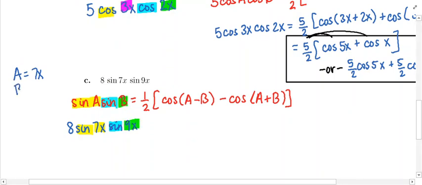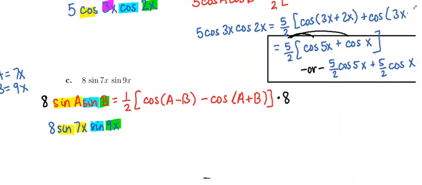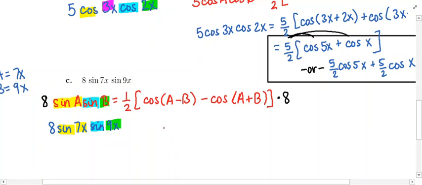The only thing that's different between our expression and the left side of the identity is this 8 out front. So to get an exact match, we need to multiply the left side of the identity by 8. If we do it to the left, we have to do it to the right. We're basically adjusting the identity to our needs. So I'm going to go ahead and rewrite the identity adjusted.